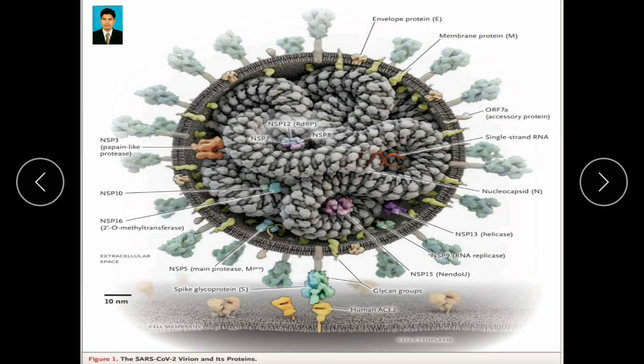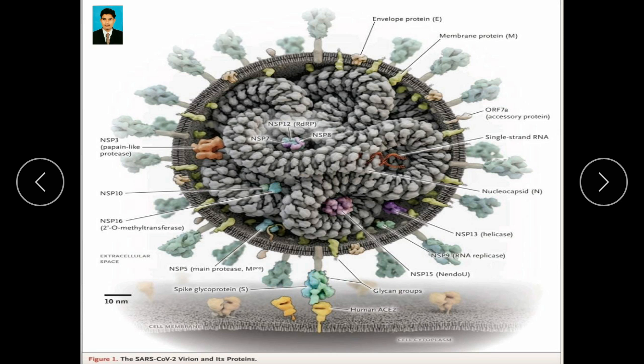Okay, so when this virus enters inside the human cell, this NSP13 protein breaks the host cell DNA and it replicates its own copy by using NSP9. NSP9 is an RNA replicase protein present inside the virus, as well as this helicase. Along with this, the NSP15 protein is there. Then the glycan groups are there.